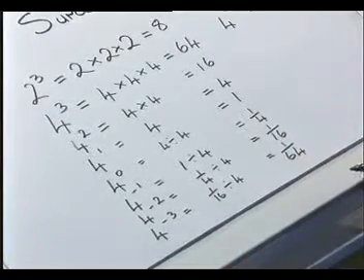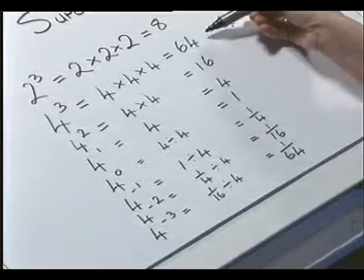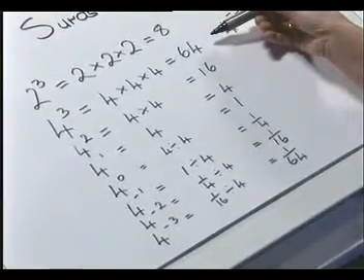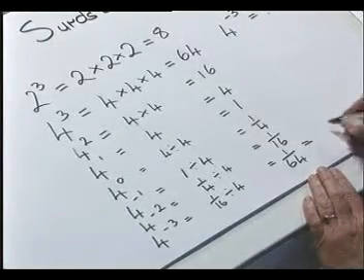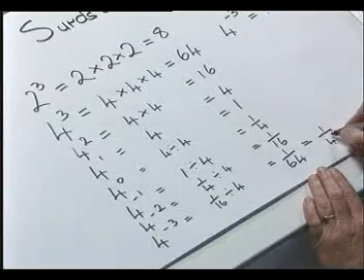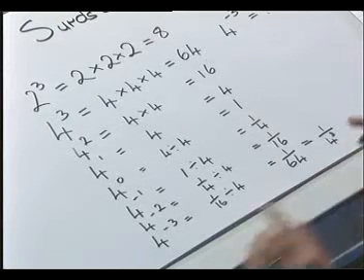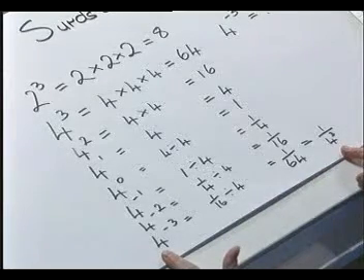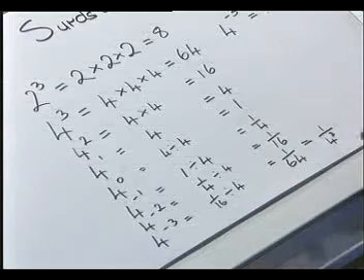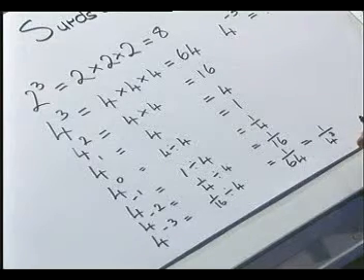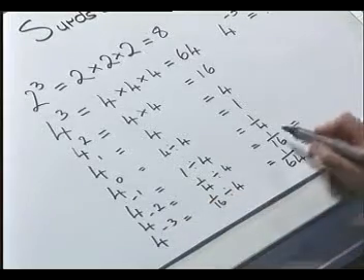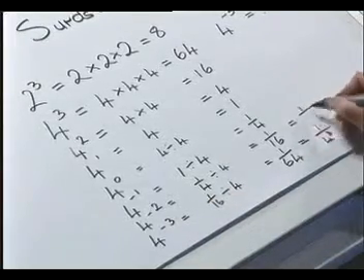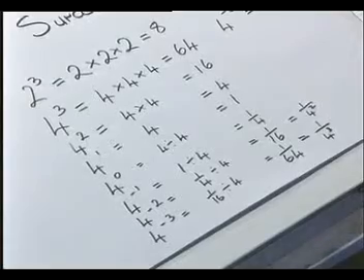But if we go back to this line, we know that 4 cubed is 64. So we can rewrite 1 over 64 as 1 over 4 cubed. And look at that. 4 to the negative 3 is 1 over 4 cubed. So 4 to the negative 2, which is 1 over 16, must be 1 over 4 squared.